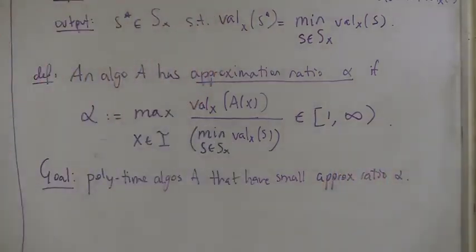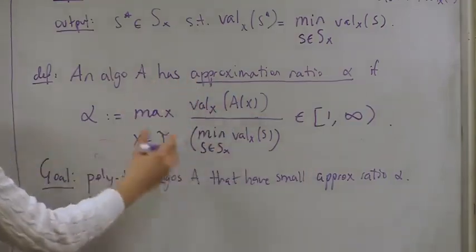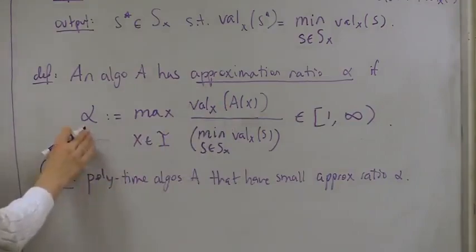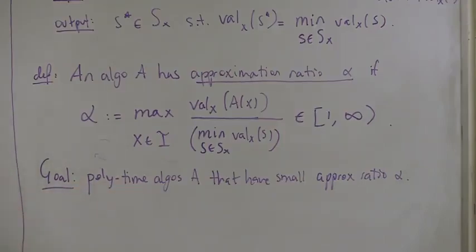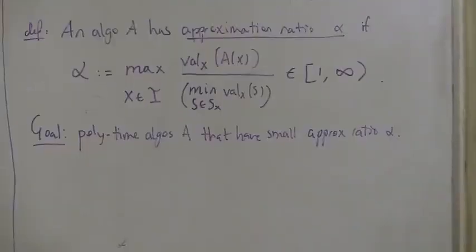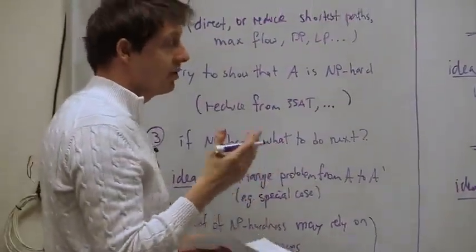Again, an approximation algorithm has a guarantee that says no matter which instance you give it, it is never going to be more than alpha away from optimal. And the fact that a problem is NP-hard doesn't necessarily tell us that we cannot approximate it well in polynomial time.